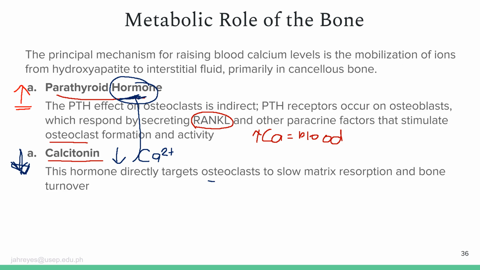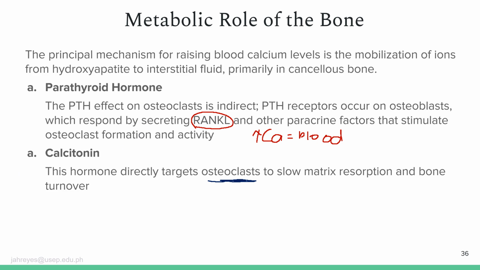So this will target the osteoclast to slow matrix resorption and bone turnover, thereby lowering the blood calcium level. So those are the important hormones that are responsible for the calcium and phosphate content in the blood, which are mediated by bone resorption or inhibition of bone resorption. So that is the physiologic aspect or the metabolic role of the bone in terms of blood calcium level.